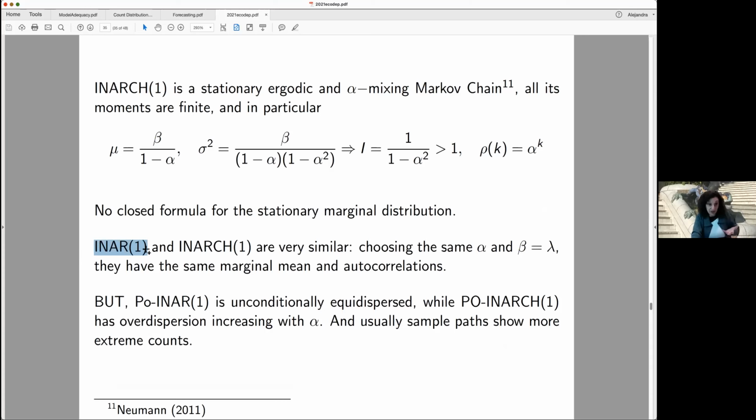Of course, the INARCH(1) model can also be combined with non-Poisson conditional distributions. For instance, if we choose again a negative binomial, we can achieve more overdispersion.